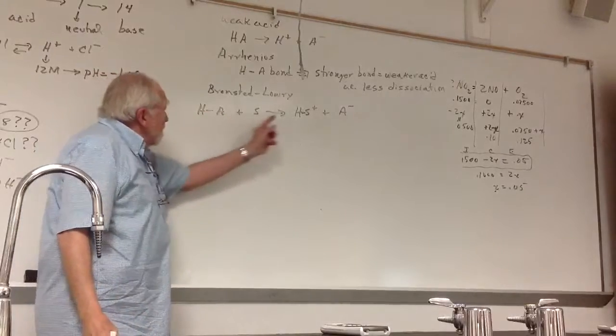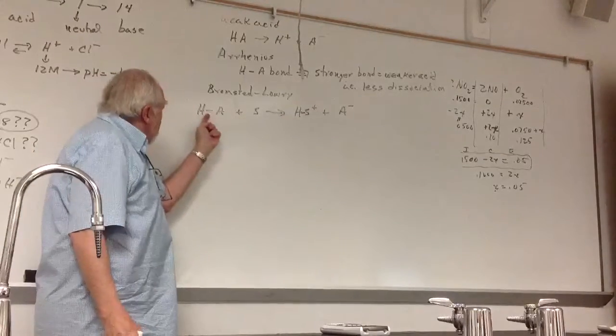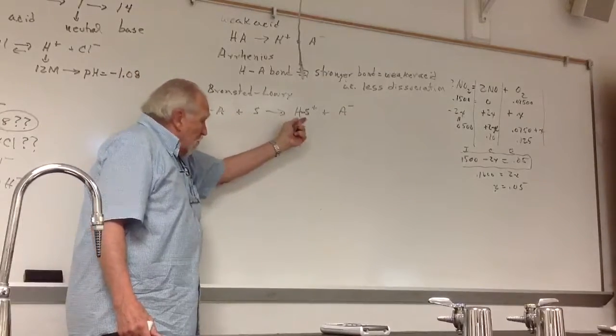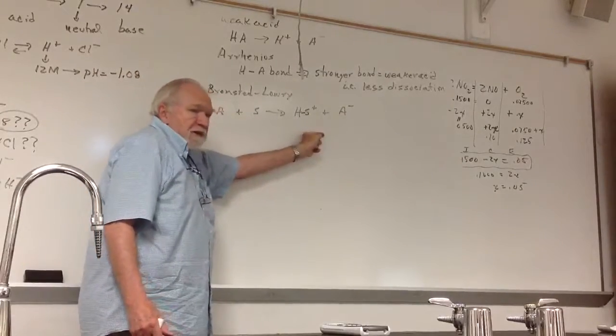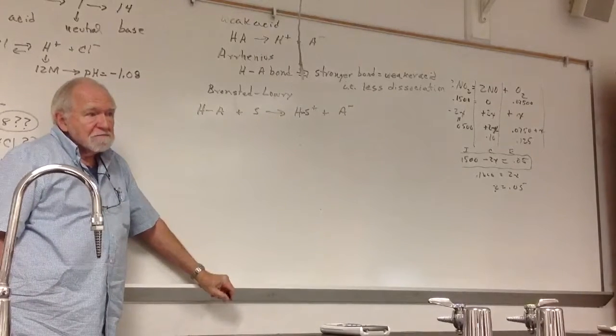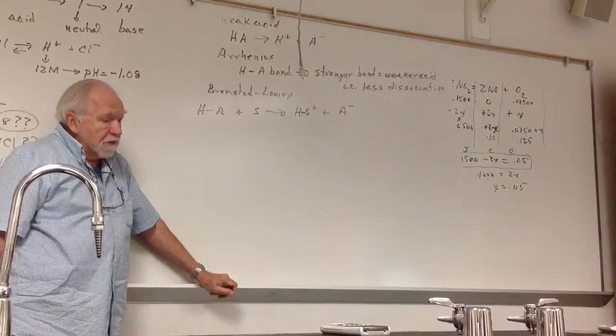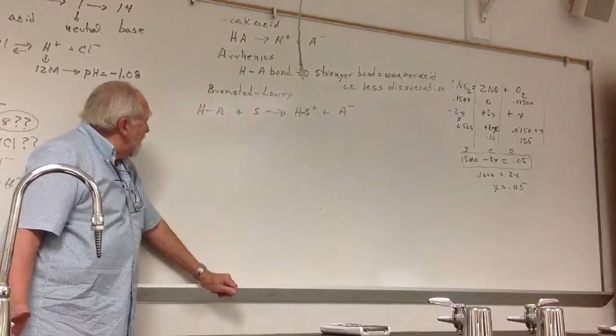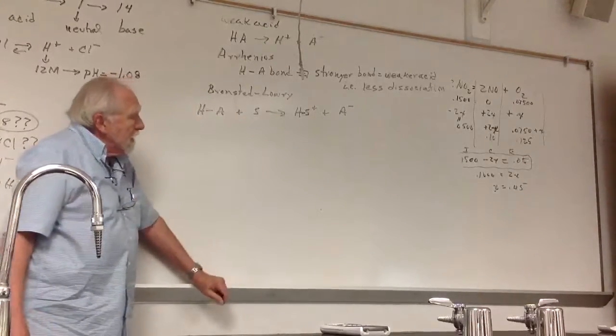This bond strength compared to this one. If this bond strength stays constant and this bond strength gets stronger, the reaction goes more in that direction. Okay. So now we have to worry about both the solvent effect and the bond in the weak acid itself.